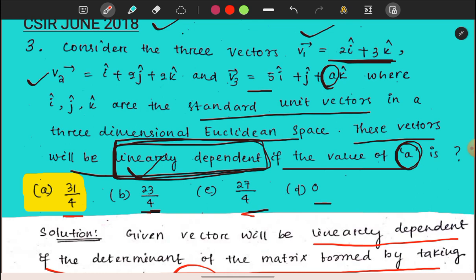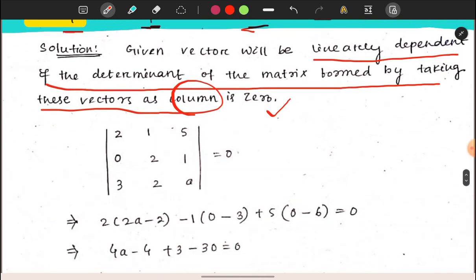So the x component is 2, the z component is 3 and the y component is 0. So we can write it in a column: this one represents v1, 2 0 3. The x component is 2, y is 0, z equals 3, right?